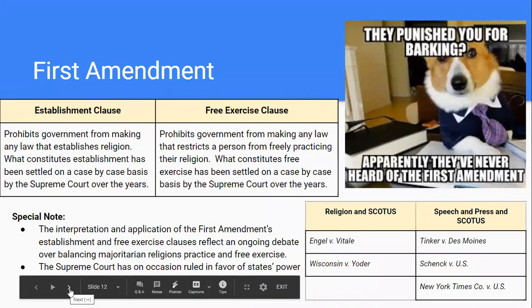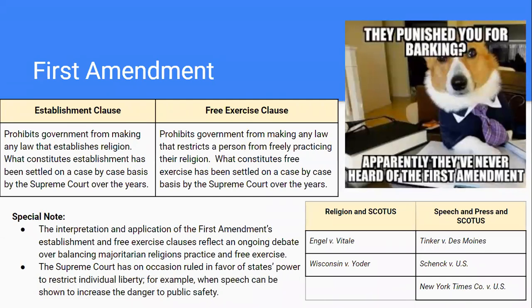Okay, so in that case, they ruled for the Times. They had the right to release the papers. The United States government could not impose prior restraint. Make sure you know what prior restraint is. It's the fact that the government was trying to prevent the papers from being released, restraining the publication of the papers prior to their publication.